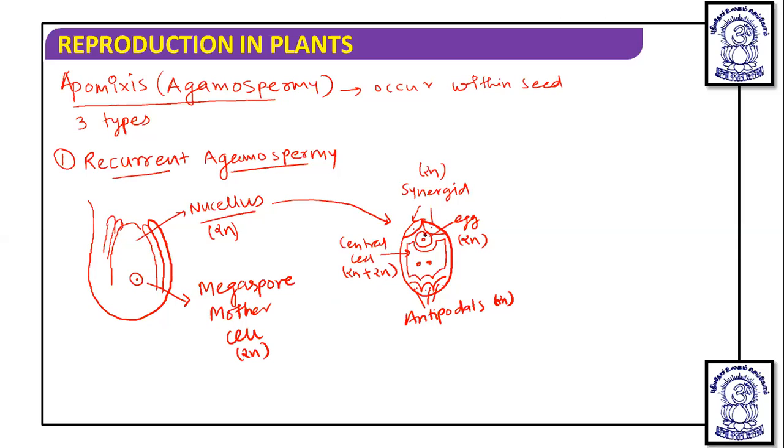If this diploid embryo sac is formed from the diploid nucellus, then it is known as somatic apospory.